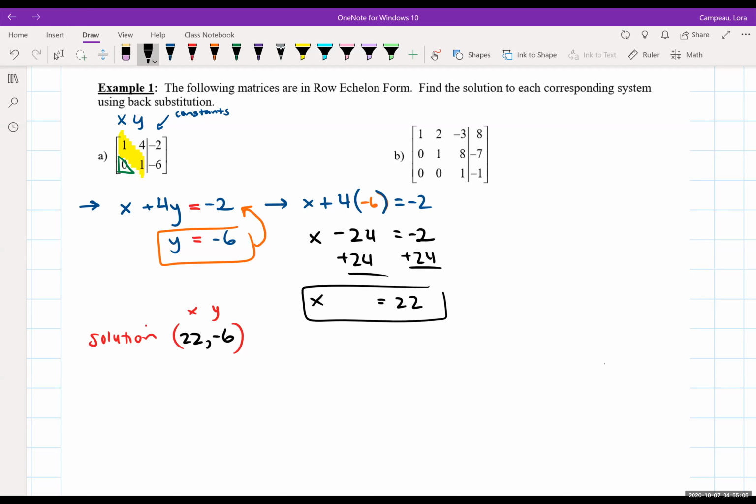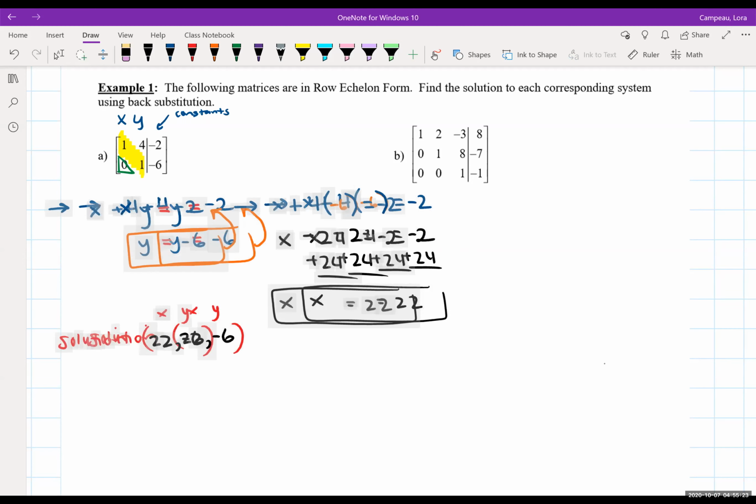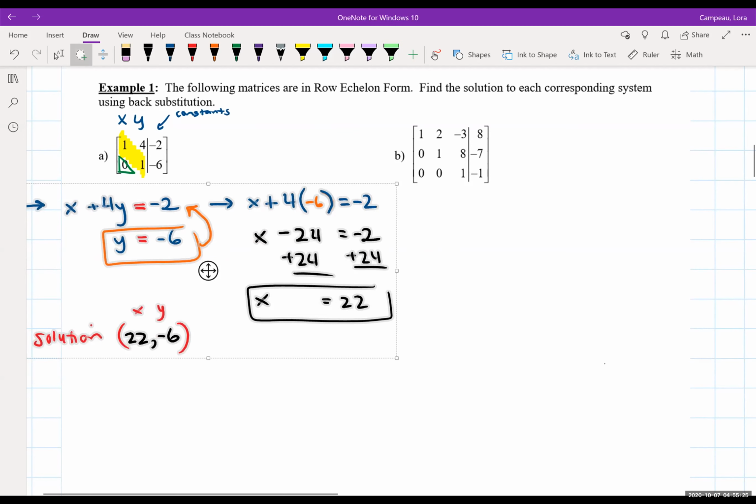So that was a nice system of 2 equations and 2 variables. I would like to move a little bit forward with a system of 3 equations and 3 variables. See if I can move a little bit over to the left so we have a little more room. There we go.